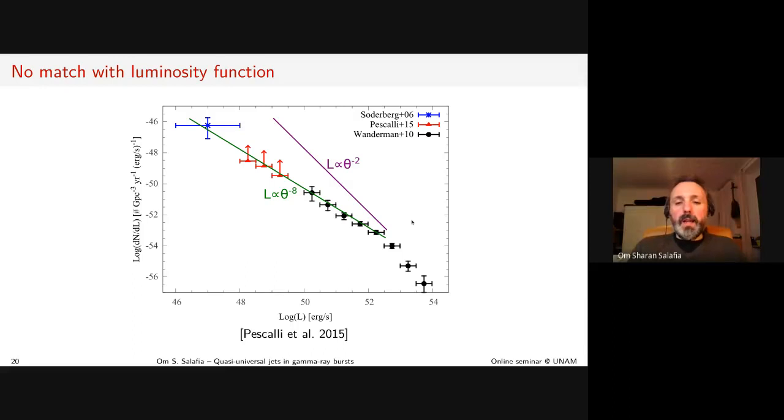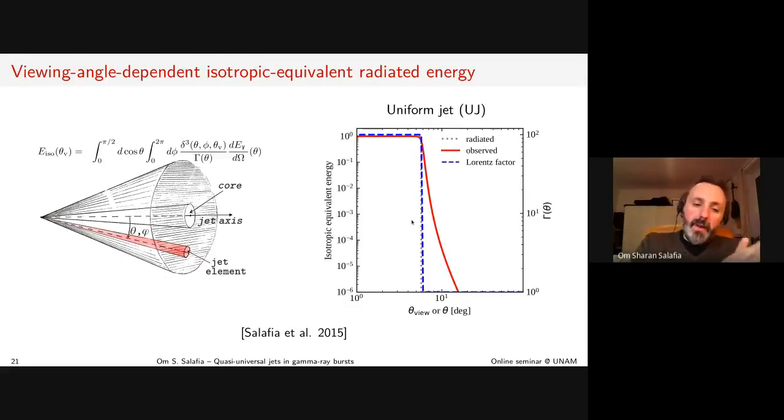Okay. And in a companion paper led by myself, we also showed that the dependence of the isotropic equivalent energy as seen by an observer at a certain viewing angle does not necessarily follow exactly the distribution of the radiated energy, because in the case in which you have a varying Lorentz factor, the varying relativistic beaming as a function of the angle from the jet axis leads to some effects.